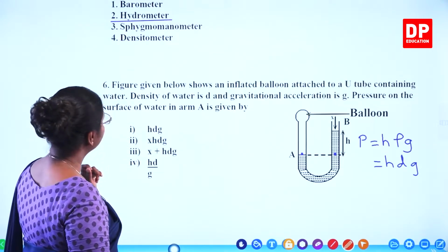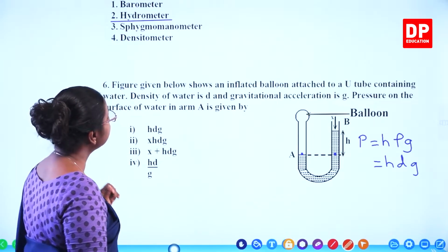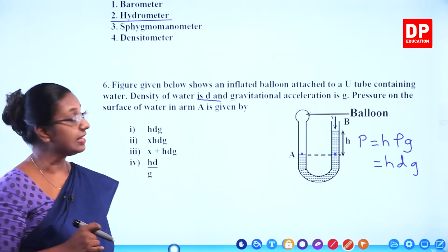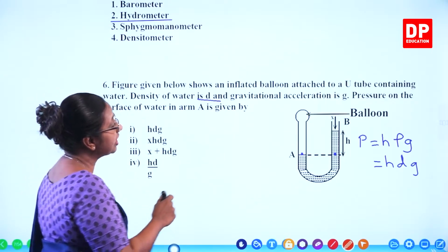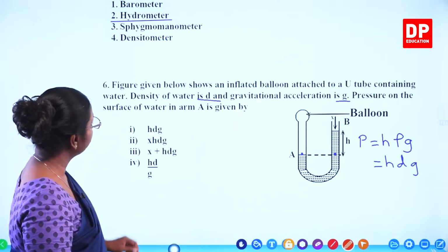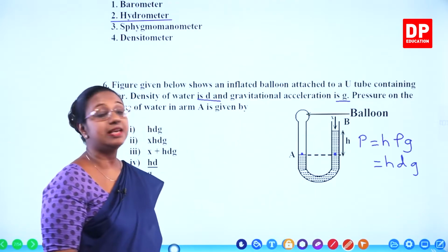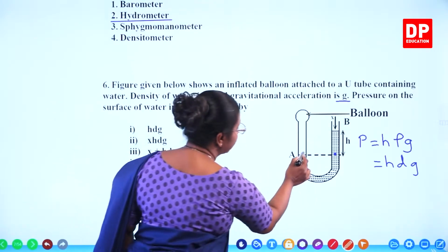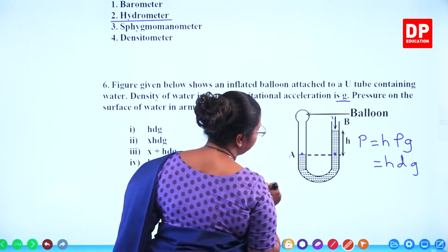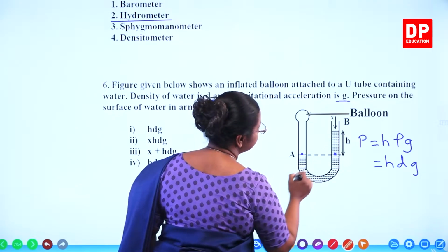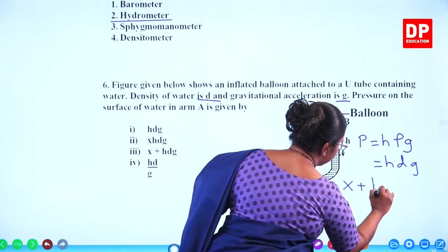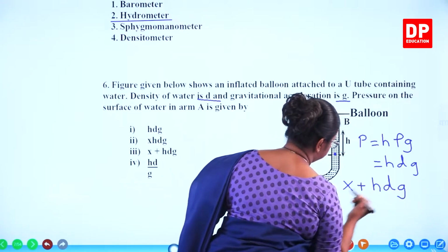If we look at the question, density of water is D. So here, as I told you, density is given the letter D and gravitational acceleration is G. Pressure on the surface of water in arm A is given by. So the pressure here is arm A, and the pressure is equal to the point here, and that, as I told you, is equal to X plus HdG.